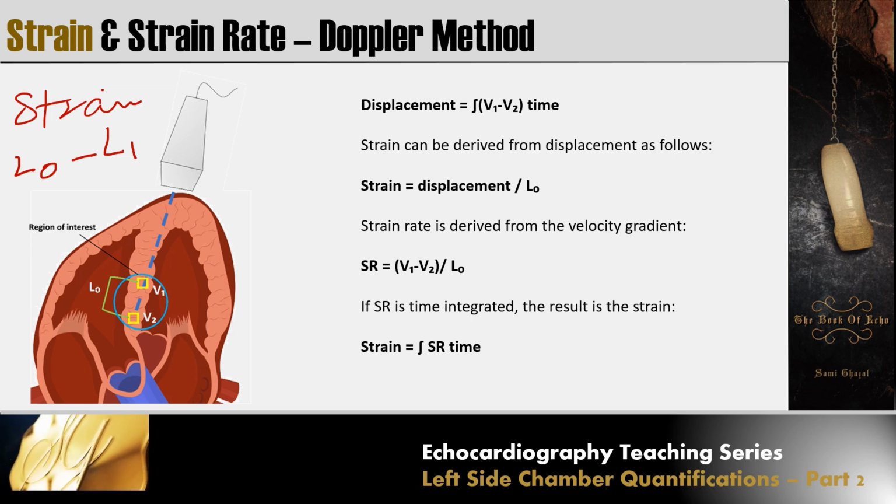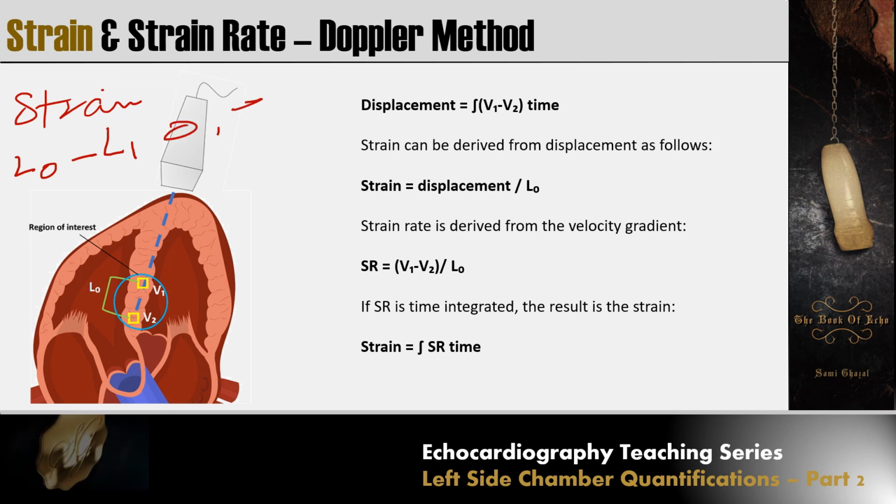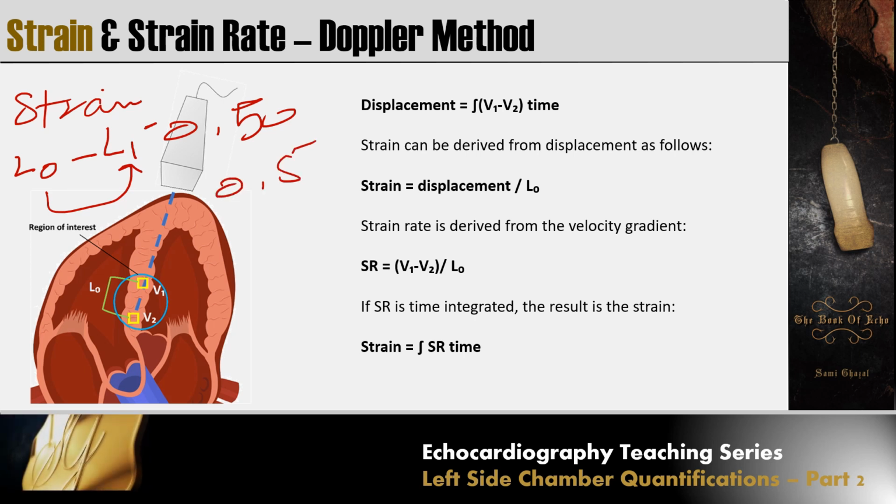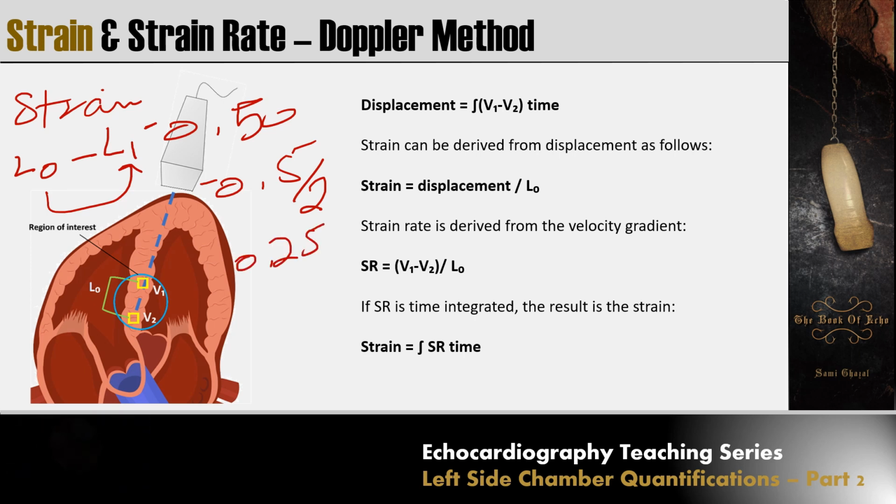So if the strain is minus 50%, and it took the heart 2 seconds to go from here to here, the strain rate is minus 50% divided by 2, and the answer is minus 25%, and the unit is 1 per second.